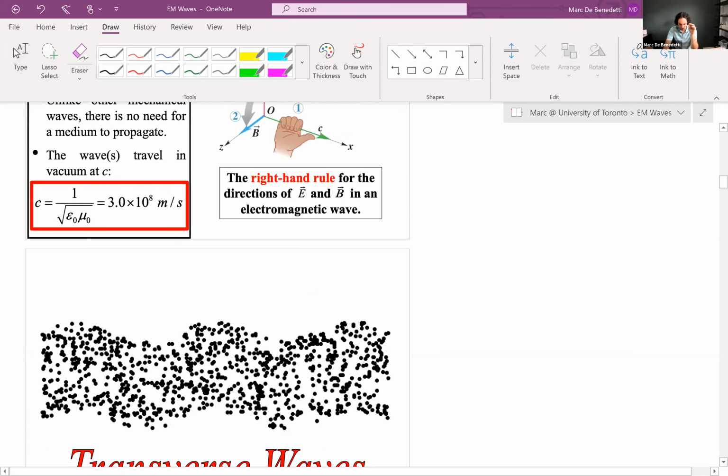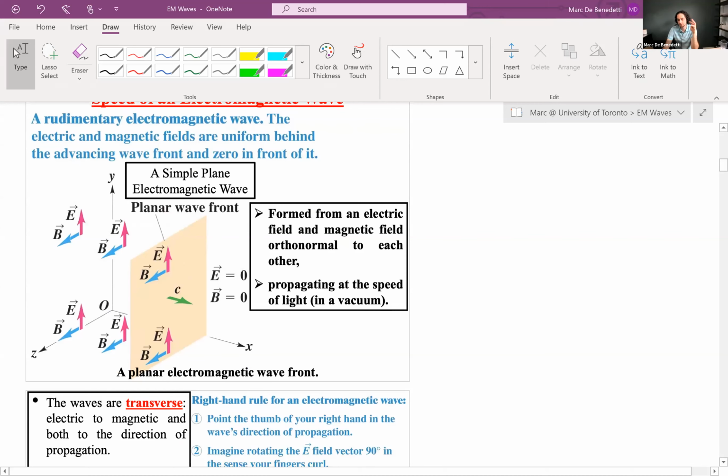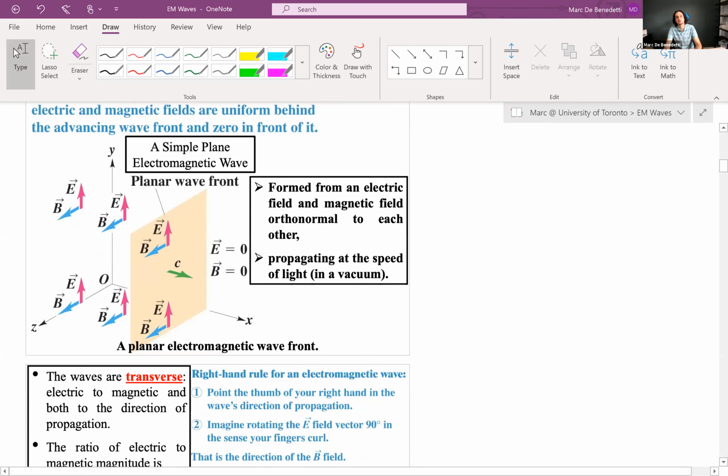But before we do that, let's get into a little bit of characteristics of this. So we use the right-hand rule to determine direction of propagation. Use your right hand, put your fingernails in the direction of the electric field. So if you're looking at your tablet or your computer screen, put your fingernails straight up on your right hand.